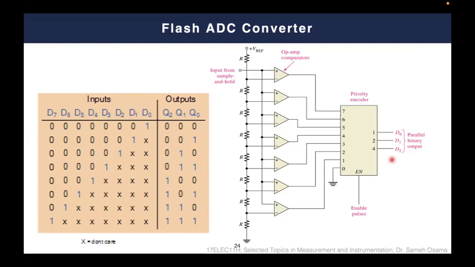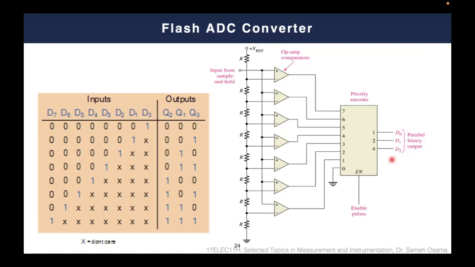So this is a very simple configuration for the flash ADC, and we can use it in order to convert. Of course, the main issue with the flash ADC is that your system size is proportional to the number of bits.